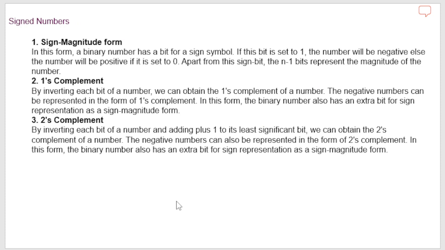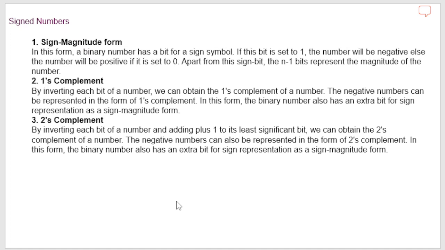Next, signed numbers. Signed numbers have a sign bit so that they can differentiate positive and negative integer numbers. The signed binary technique has both the sign bit and the magnitude of a number. For representing a negative decimal, the corresponding sign symbol is added in front of the binary.